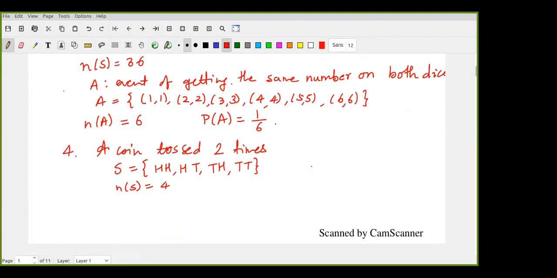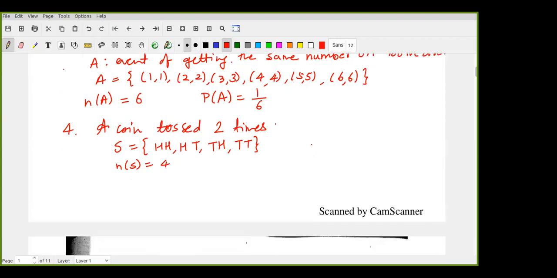This means they want head, head or tail, tail, right? So the probability will be in this case 2 upon 4, that is 1 by 2, right?